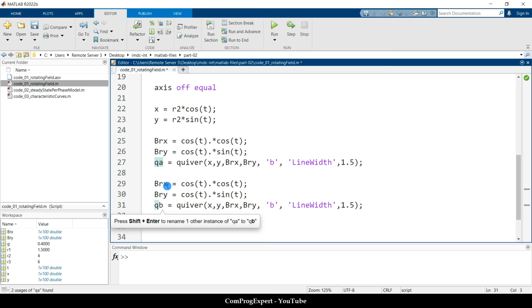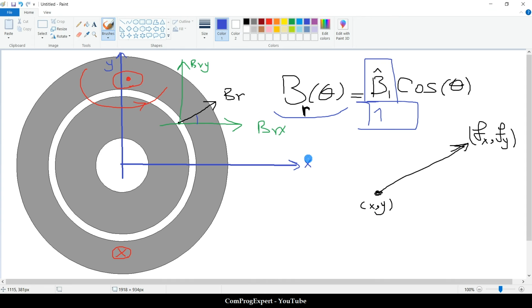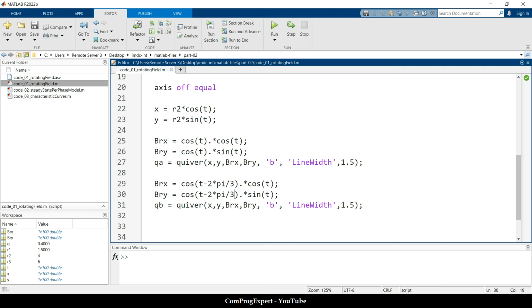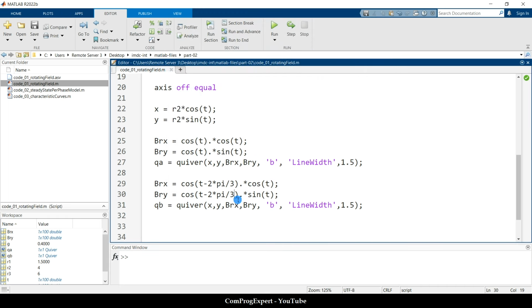the quiver plot BRX, we need to consider 2 times pi divided by 3 for a 2-pole motor. Yes, we have 120 degrees phase shift. So when the magnetic axis of the phase A is here, the magnetic axis of the phase B is here. So let's run. We have these two fields' peak values, right?